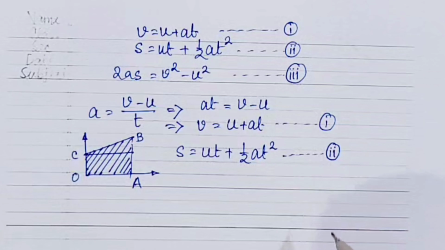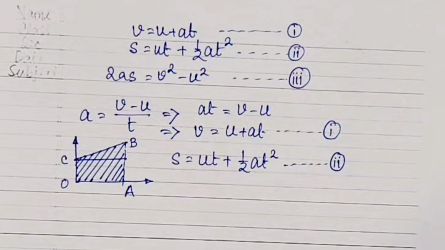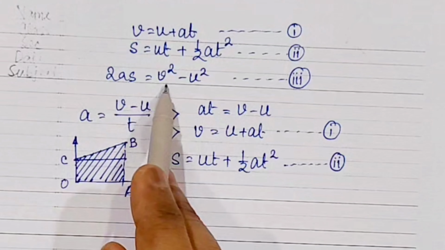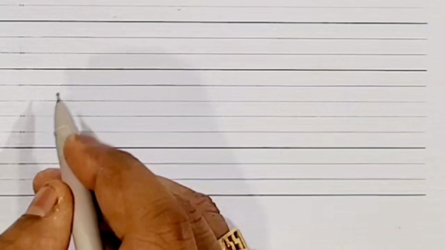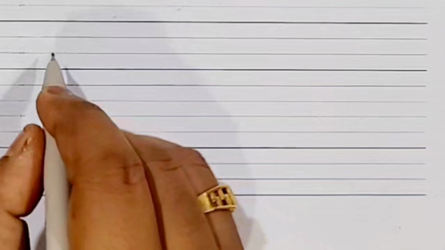Please refer to the earlier part of this video to see how the derivations were done. Now the third formula, 2AS equals V square minus U square, is more of a time elimination between 1 and 2. The second and the first formula give you the last one.